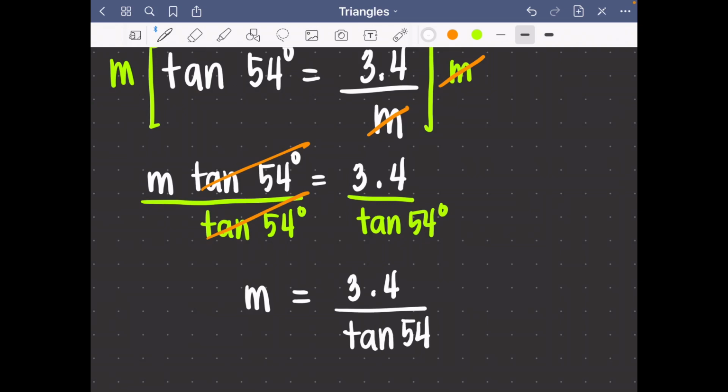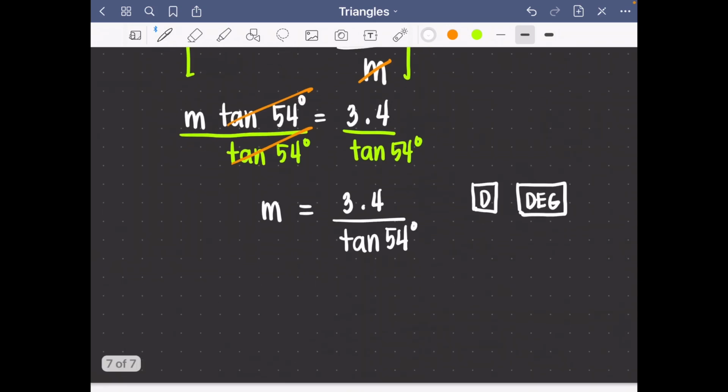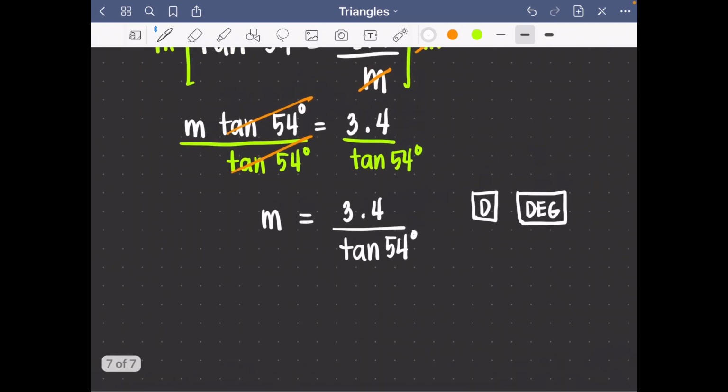Now take note. Here, your calculator should be in degree mode. How will you determine if it is in degree mode? You will see in the upper part of your calculator a D, or in some calculators, it's written deg. So you just check how to change your calculator into D or degree mode. And then you just calculate it.